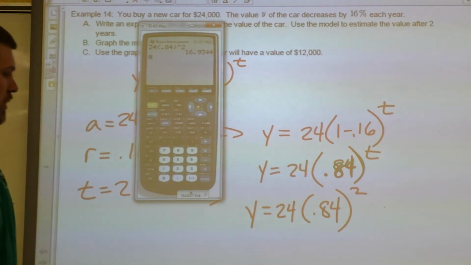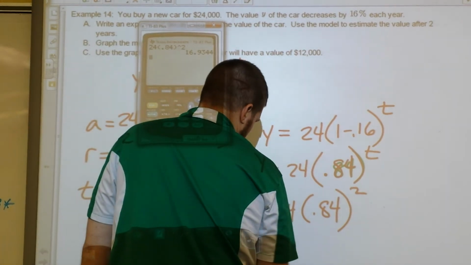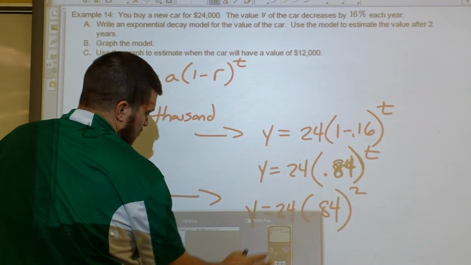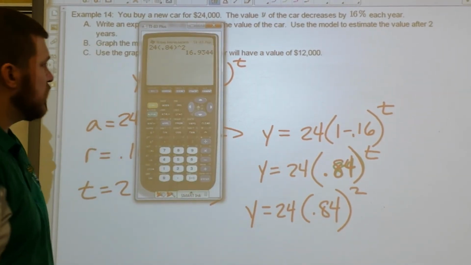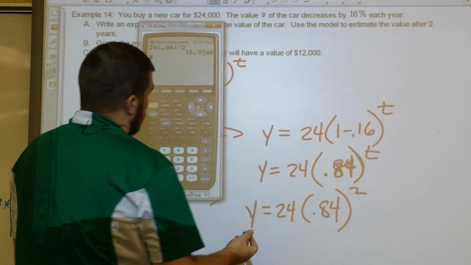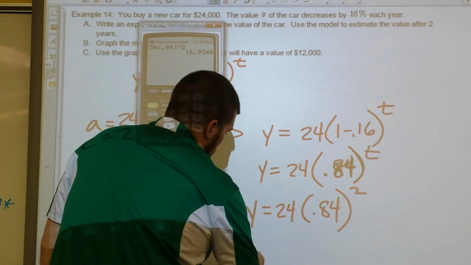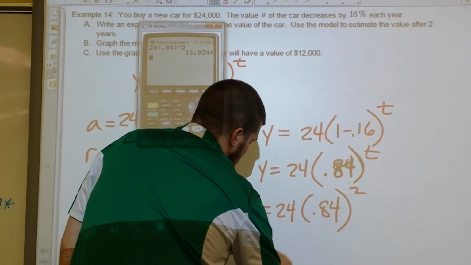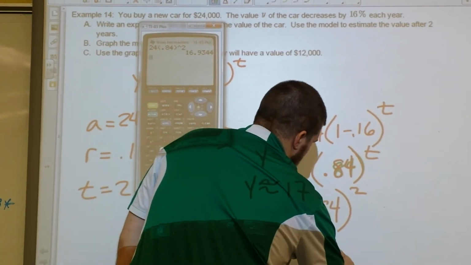Essentially this number here is telling me that my car is going to be worth approximately $16,930,000. Or it's very close. I'm just going to go ahead and round up and say y is about $17,000.